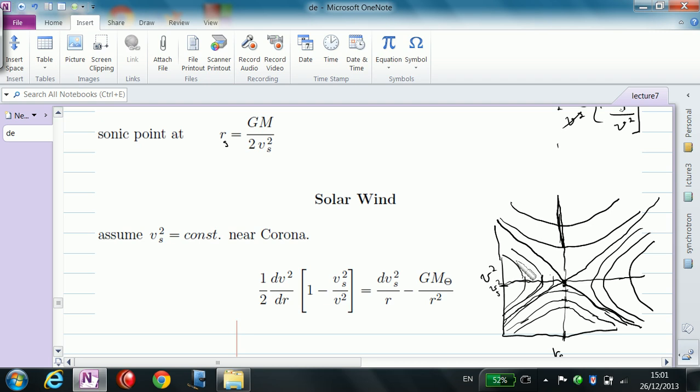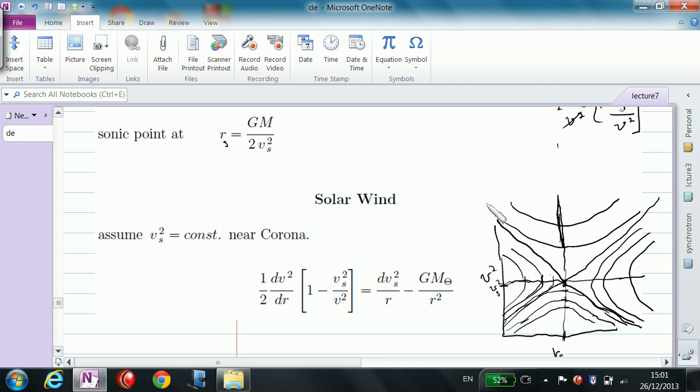And since this is v squared, the sign could be either way. But then it accelerates as it gets closer and closer to the object, and hits the object supersonically.